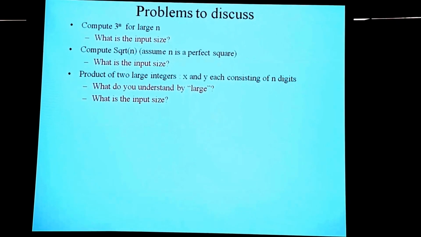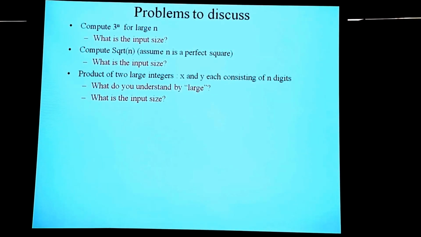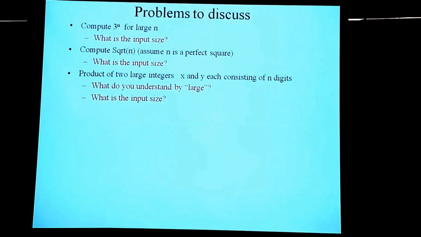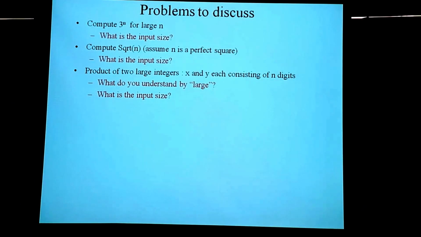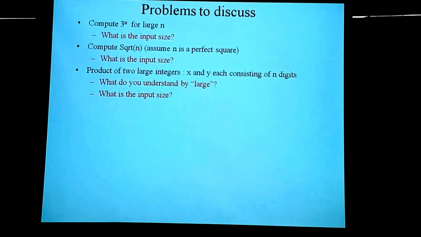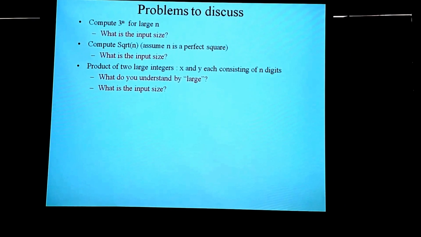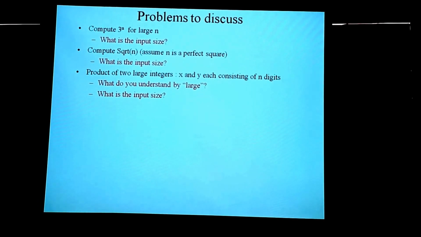Suppose I have number x, which is a_{n-1}, a_{n-2}, ..., a_0, y is equal to b_{n-1}, b_{n-2}, ..., b_0. What is the input size to store this?